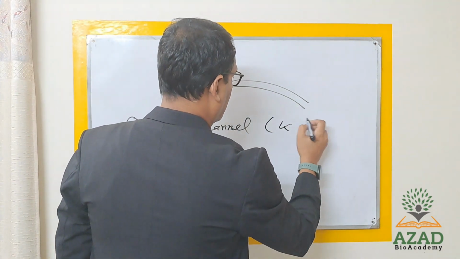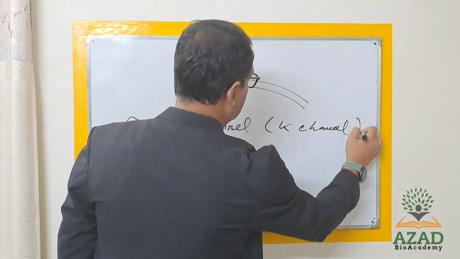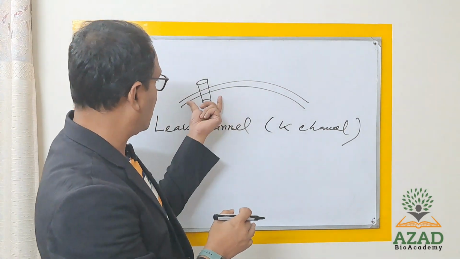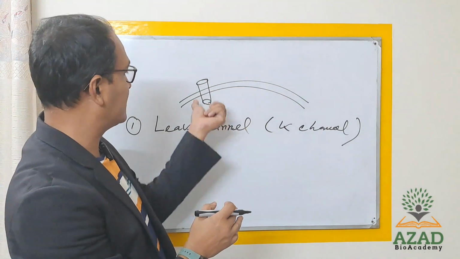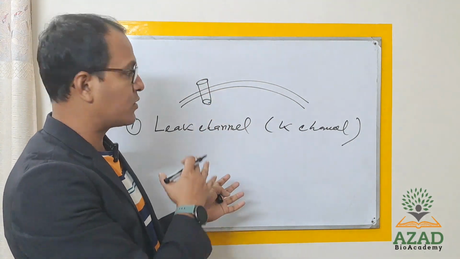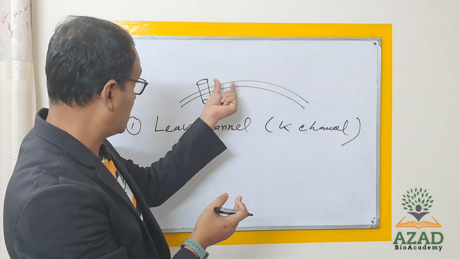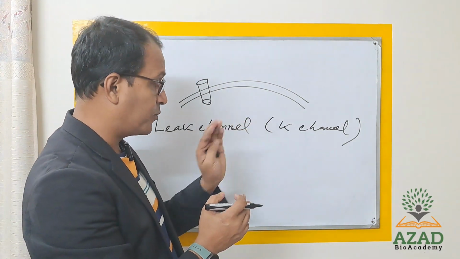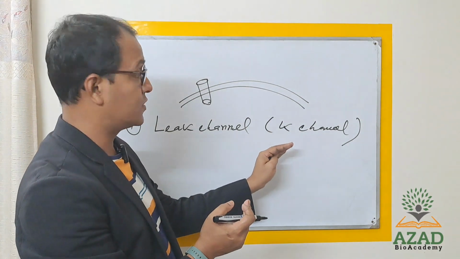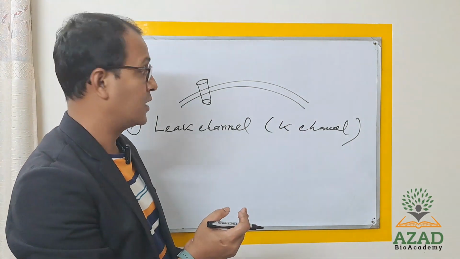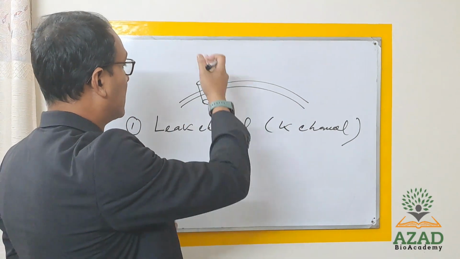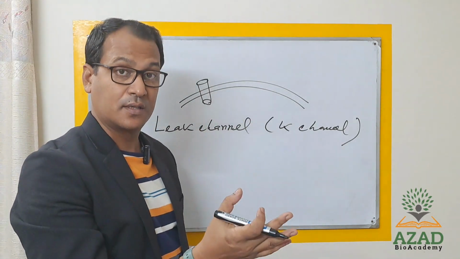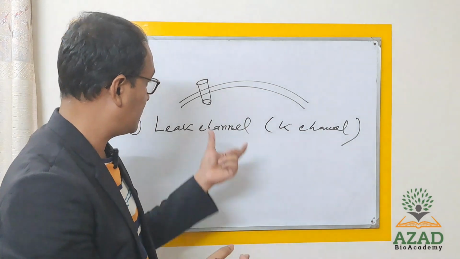Why is it considered a potassium channel? Because potassium exit through the leak channel frequently happens in the nerve cell. The molecular size of sodium is somewhat larger than potassium, so sodium cannot frequently enter or exit through the leak sodium channel, as with the chloride channel.